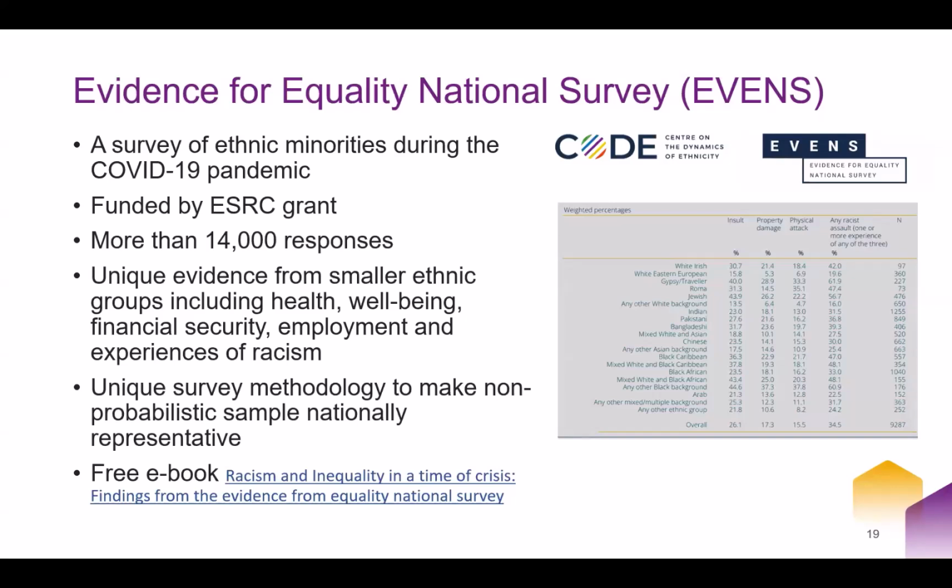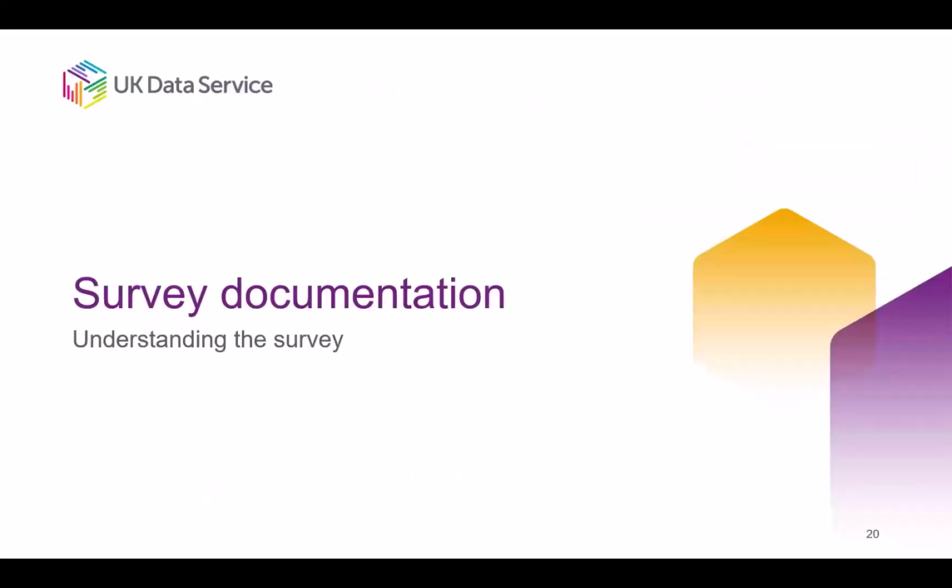So this survey addressed the problem through a combination of web-based recruitment, support from voluntary and community organizations, and some statistical methods designed to make the non-probabilistic sample nationally representative. There is, you have the link down there, a free online book that summarizes the main findings of this survey.